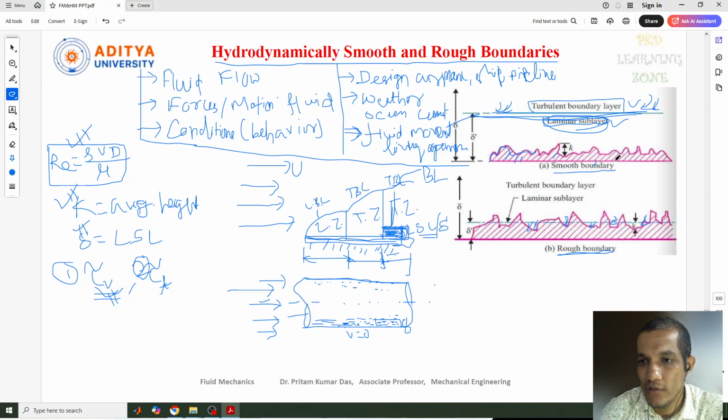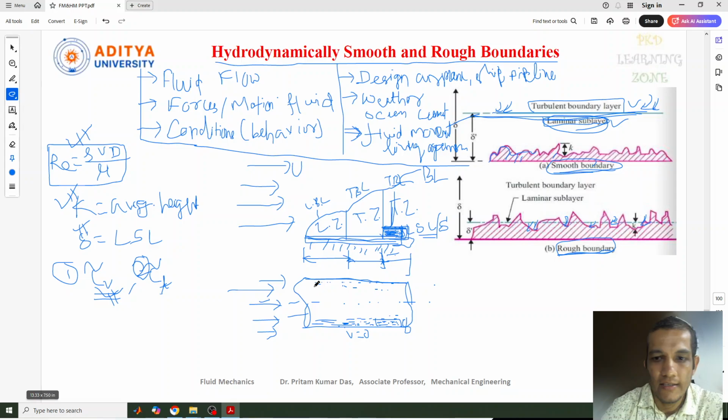Both boundaries have roughness, but as the laminar sublayer is there at this point and the K value is less than delta dash, it is called a smooth boundary. But here, the K value is more than this delta star. Delta star is the laminar sublayer.